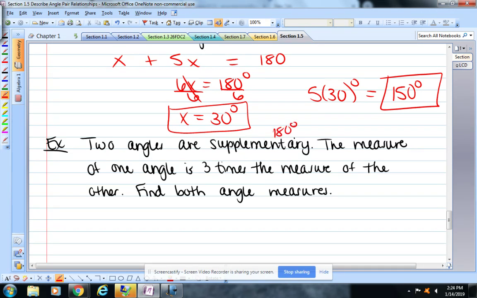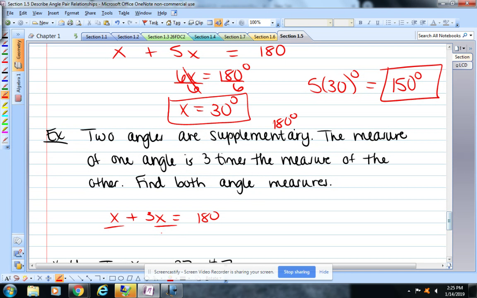The measure of one is 3 times the measure of the other. So how do I set up this equation then? X plus 3x equals 180. Because here's an angle, here's an angle. One of them we don't know, but we know whatever it is, 3 times that gets added to make 180. And that is 4x.